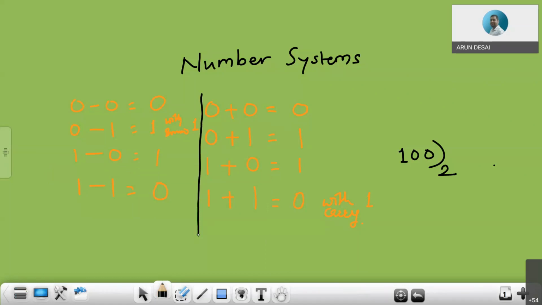So these are some rules for binary arithmetic of addition and subtraction. I'll give you an example.